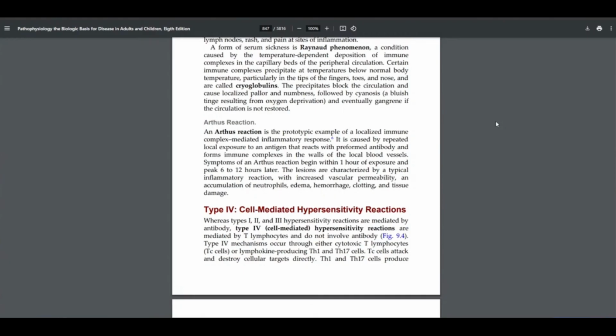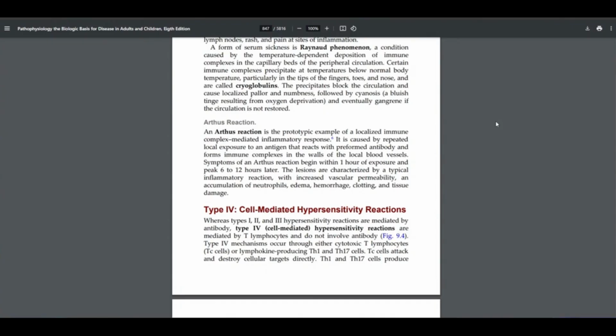A form of serum sickness is Raynaud phenomenon, a condition caused by the temperature-dependent deposition of the immune complexes in the capillary beds of the peripheral circulation. Certain immune complexes precipitate at temperatures below normal temperature, particularly in the tips of the fingers, toes, and nose, and are called cryoglobulins.